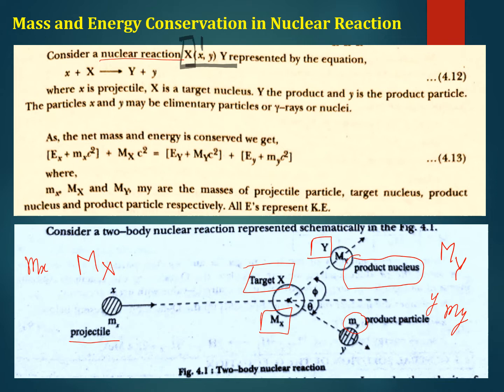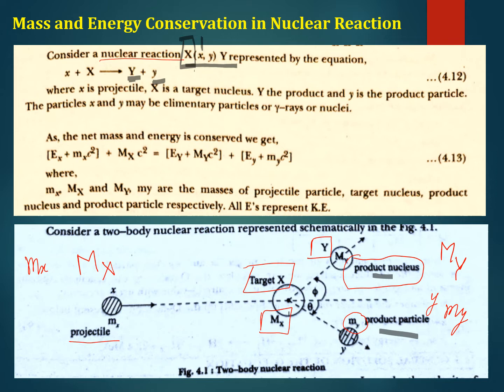When the projectile interacts with the target, after the reaction we get the product nucleus as well as the product particle. This is the product nucleus and product particle. The reaction takes place like this, a two body nuclear reaction.